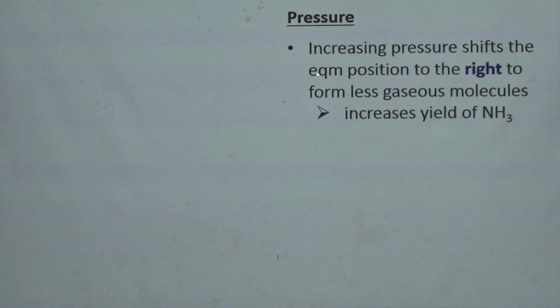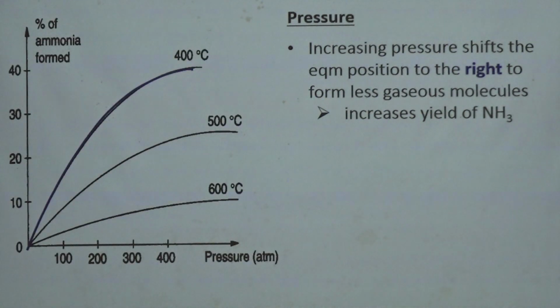Increasing pressure will shift the equilibrium position to the right to favor fewer gaseous molecules, right? According to LCP. So high pressure will increase the yield of ammonia. So the higher the pressure, as you go across the axis here, the higher the yield. Okay?